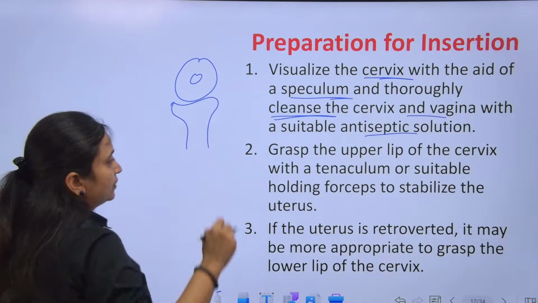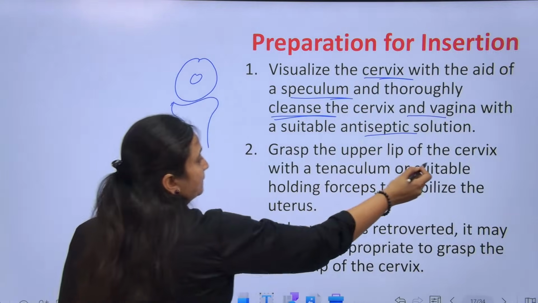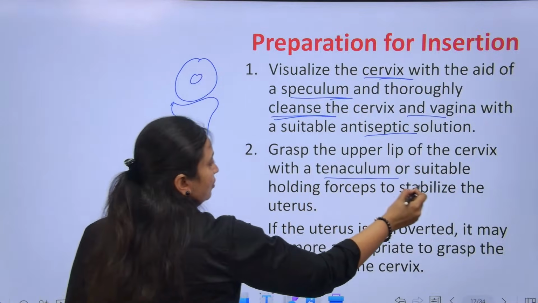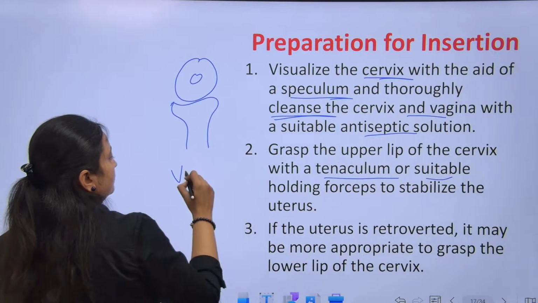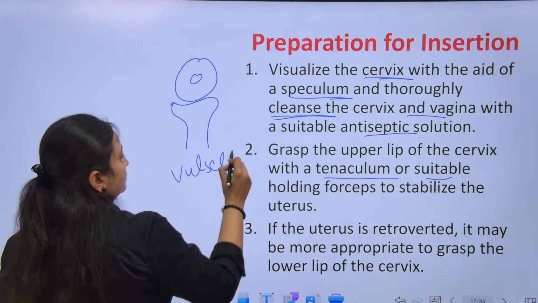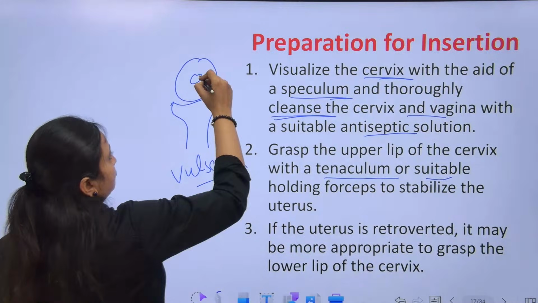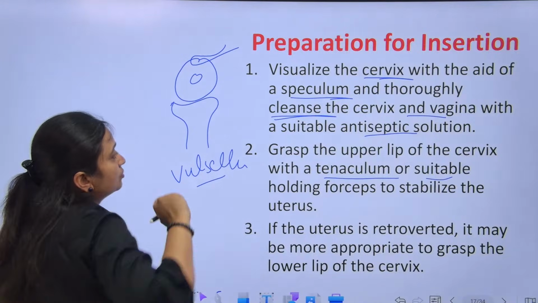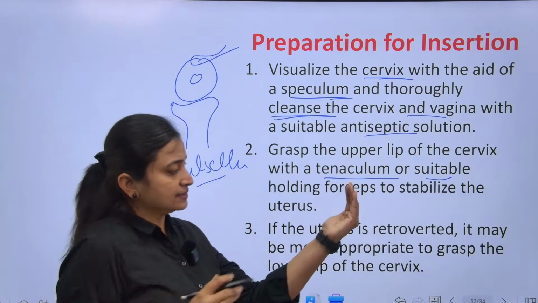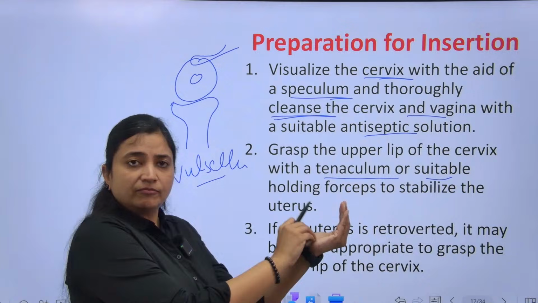Just clean it properly and grasp the upper lip of the cervix with a tenaculum or a suitable forceps like a vulsellum. A vulsellum or a tenaculum can be used. If the uterus is anteverted, we hold the anterior lip. Why do we hold?